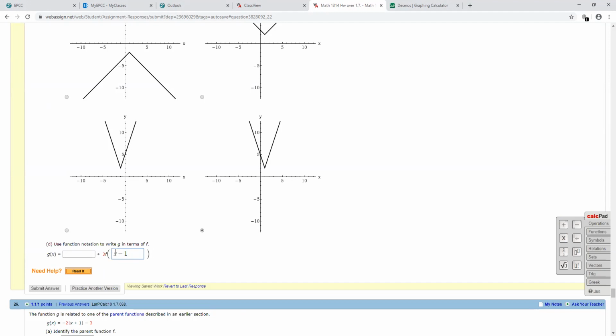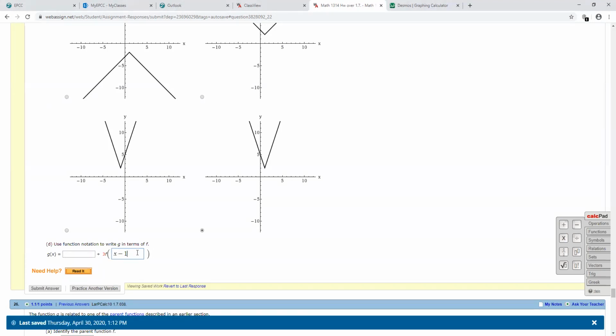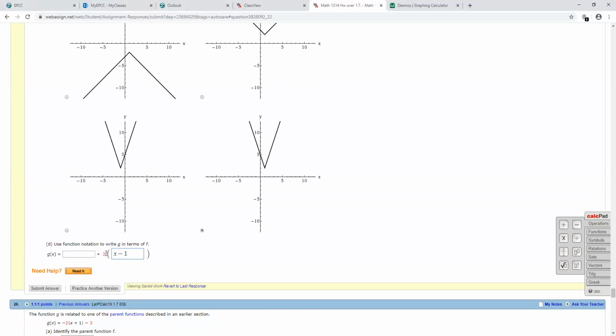Then what did we do next? After we shifted it horizontally 1 to the right, we then stretched it by 3, a scale factor of 3. That's this part, huh? Yes. And then what was the last thing you did? Vertical shift by 2. So then we could write plus 2 afterwards, or they can write it in the front, huh? They wrote it in the front.